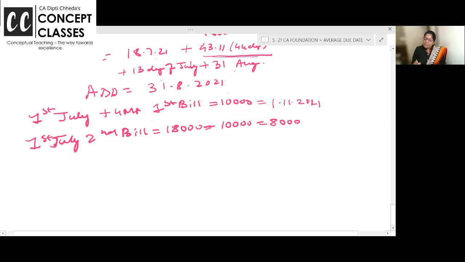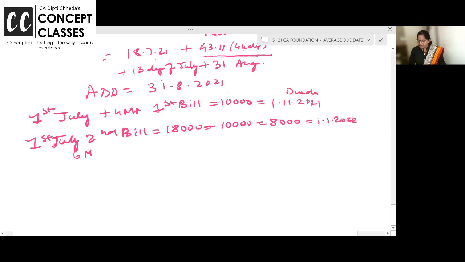But this time it is due for 6 months. Great. So if it is due for 6 months, then from 1st July, 6 months is how much? 1st August, 1st September, 1st October, 1st November, 1st December, 1st January. The due date is coming to 1/1/22.